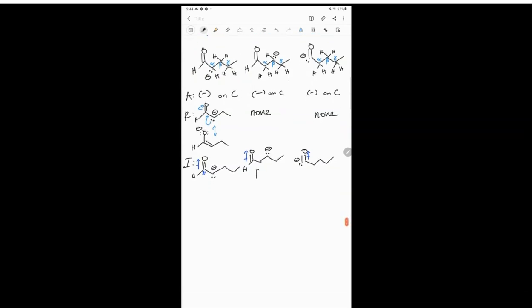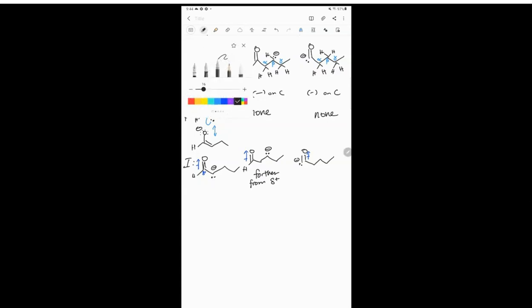So this is farther from the partial positive. The one on the left is adjacent, and the one on the right is in fact on top of it, which makes it not partially positive at all, right? It's fully negative. So you have now two sites of electron density right next to each other that are bonking into each other. Not a good thing.